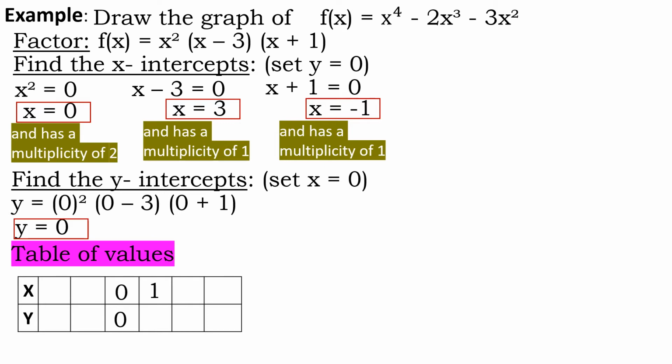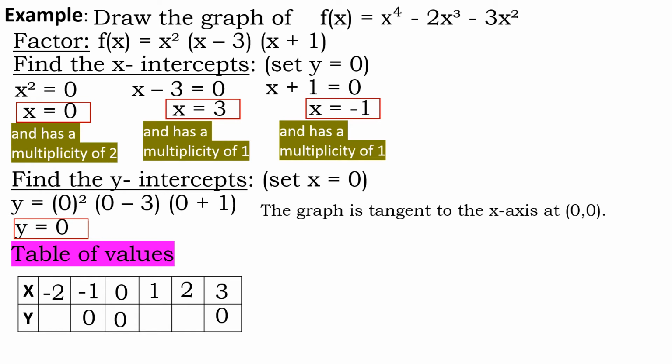If x is 1, let us not answer it yet because it is not an intercept. Here instead, if x is 2. Then, if x is 3, y is 0. Now to the left. If x is negative 1, since this is an x-intercept, y is equal to 0. Then, if x is negative 2.